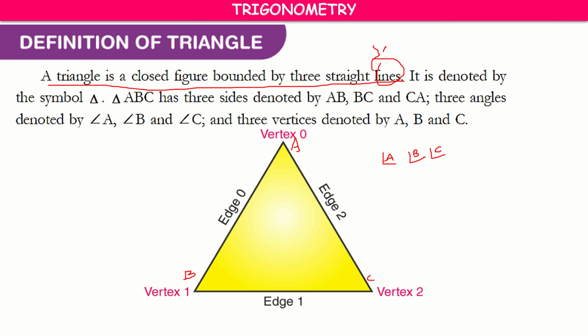It is a closed figure bounded with three line segments, and it has three sides or three edges and three vertices. The vertices I am denoting with capital letters, that is A, B, C, or vertex 0, vertex 1 and vertex 2, right?